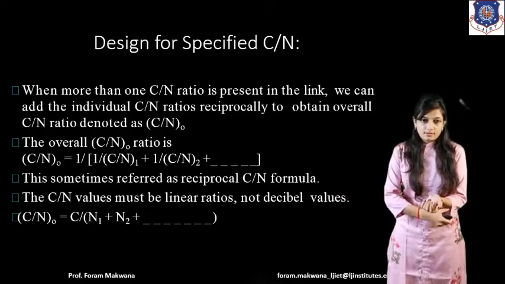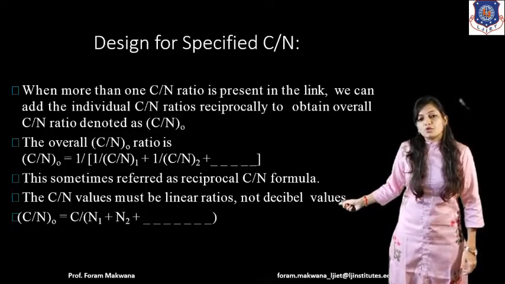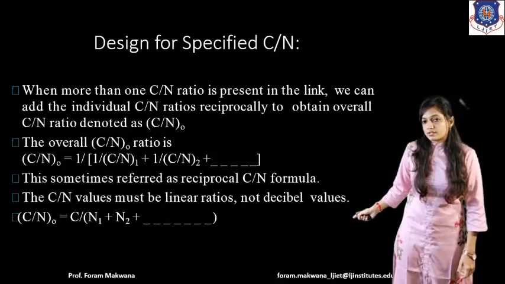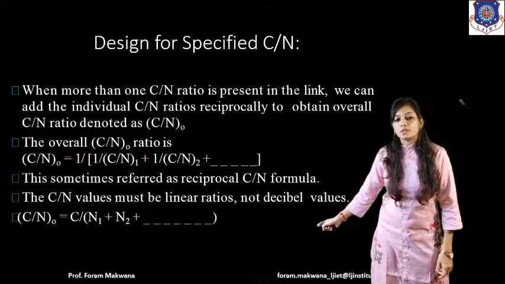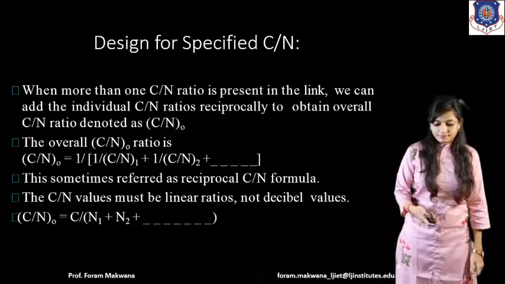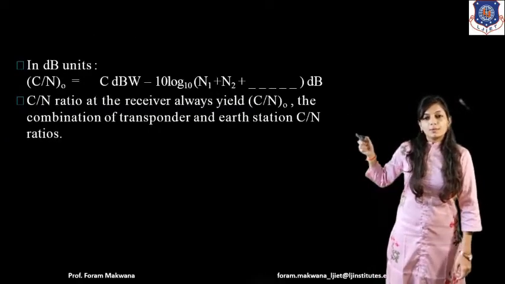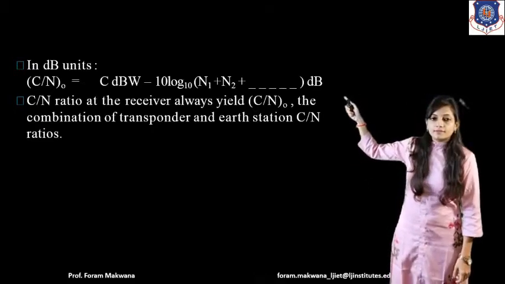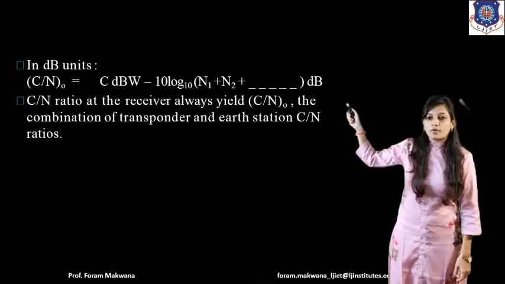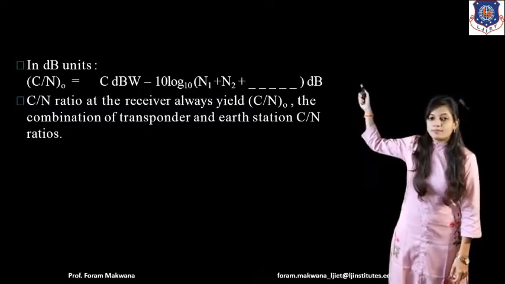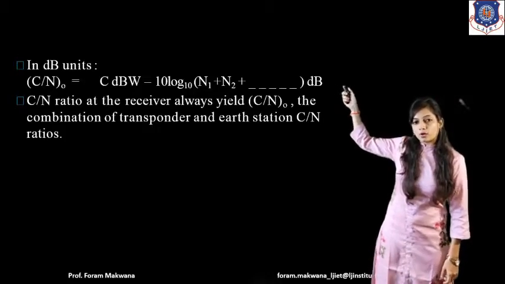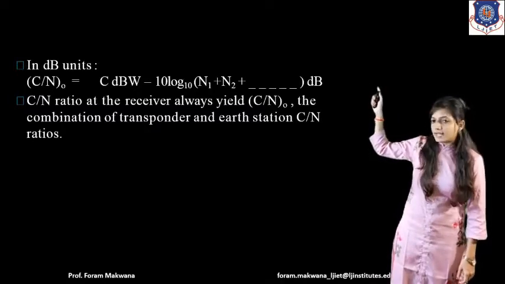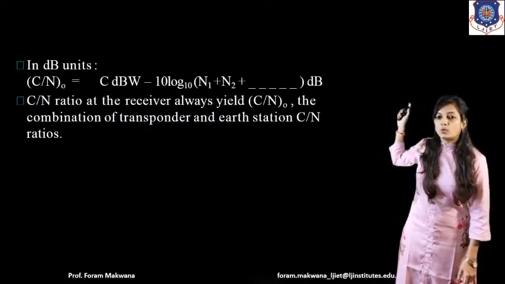Apart from that, this carrier to noise ratio must be a linear ratio, not in decibels, so that we are able to calculate with this equation. But if it is in dB, then how do we calculate it? C by N overall is equal to C in dBW, that is my carrier power in dBW, minus 10 log base 10 of N1 plus N2 plus N3 up to Nn.